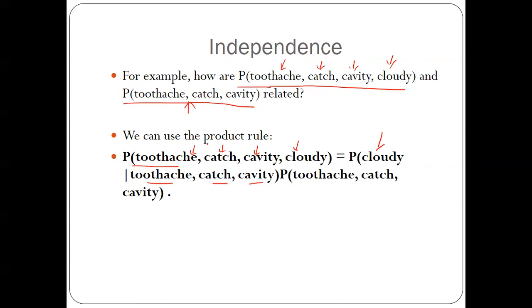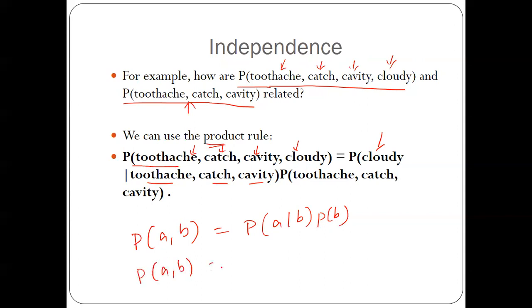Okay, this is the product rule. That is, probability of A comma B can be written as probability of A given B into probability of B. It can be written either way.